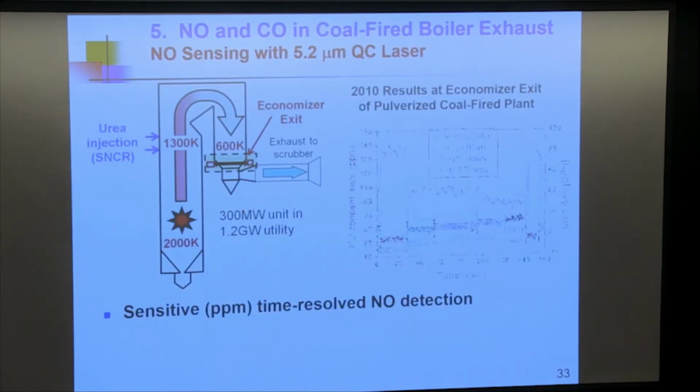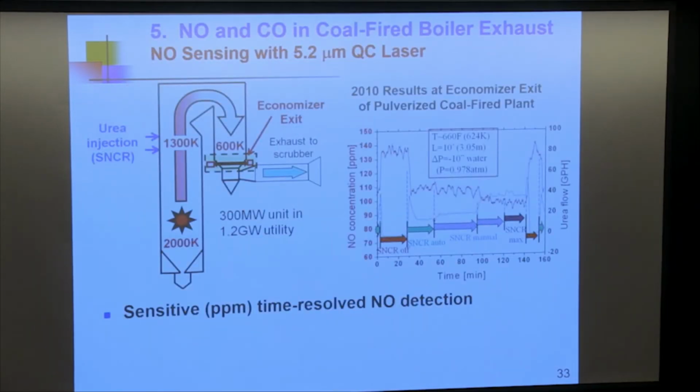And we did NO, and now what they're doing is varying the amount of urea that's being added to this flow and trying to see how efficient it is. So this is the NO concentration, and this is the urea over here in gallons per hour.